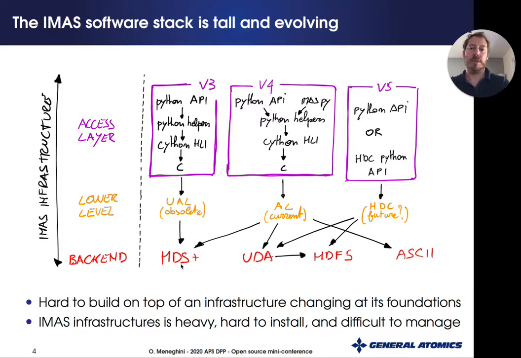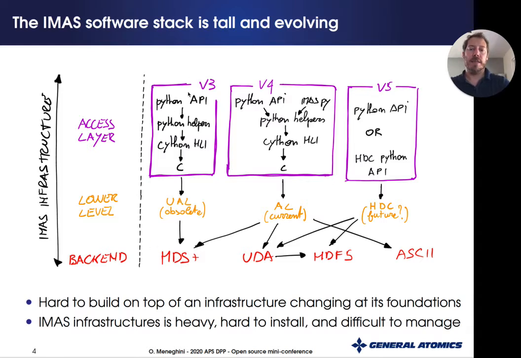So here I'm showing the access layer for Python, but again, there are multiple access layers depending on the language that you're using. Then there is the lower level, which is where all of the access layers coalesce, and they all use the same part of the code. And then the backend, which defines how the data is stored.